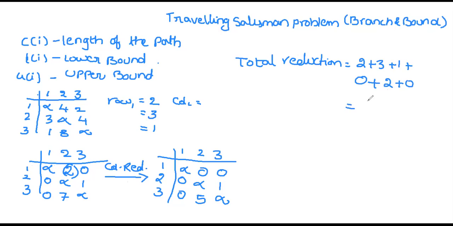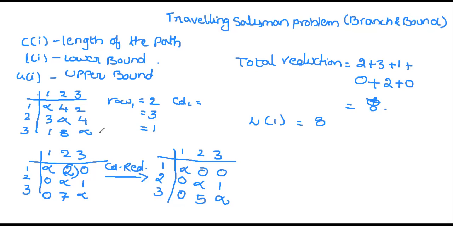So the total reduction is 2 plus 3 is 5, 5 plus 1 is 6, 6 plus 2 is 8. So the total reduction is 8. The lower bound of 1 is equal to 8.